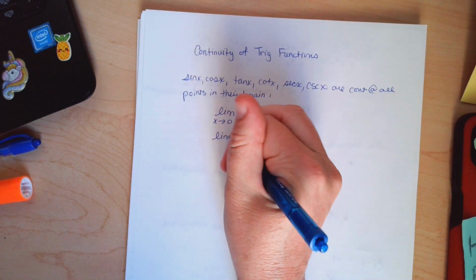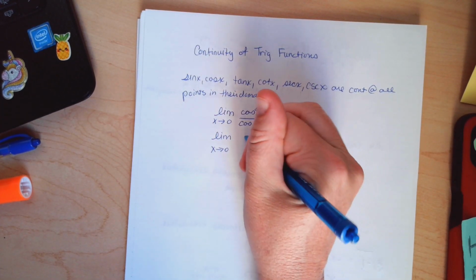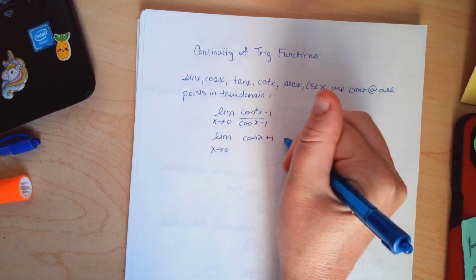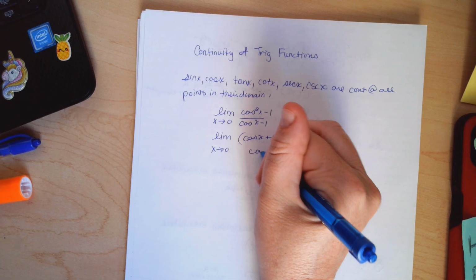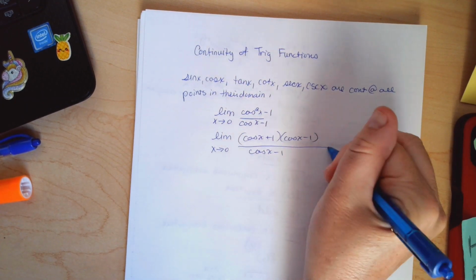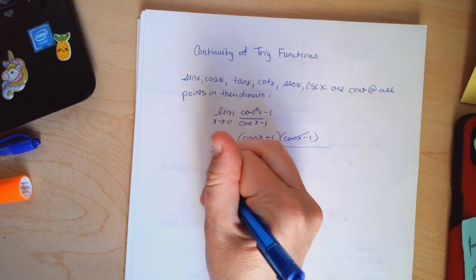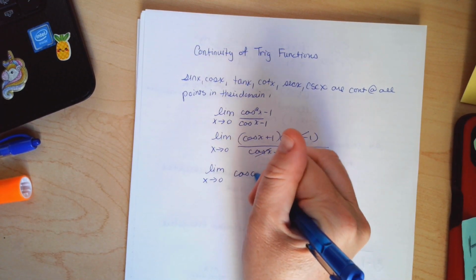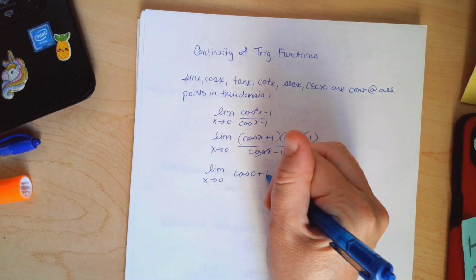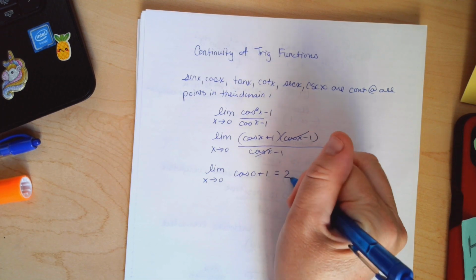So this is the limit as x goes to 0 of cosine x plus 1 times cosine x minus 1. Cross those out, and you get the limit as x goes to 0 of cosine of 0 plus 1. And of course we get the answer 2 here.